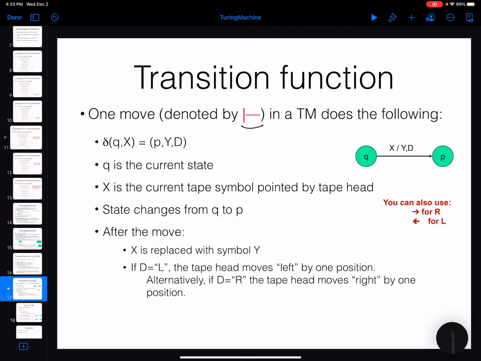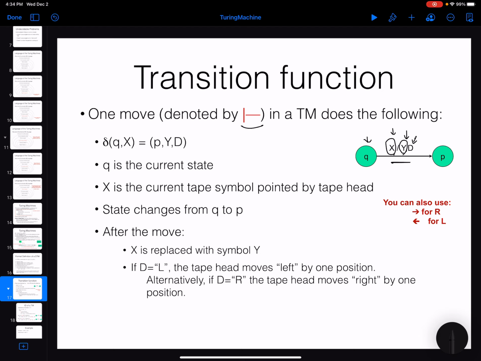So a transition like this shows that you are at a state Q, the input that you are reading from the tape is X, then the action is that you write the symbol Y over the tape and move in this direction, either left or right.